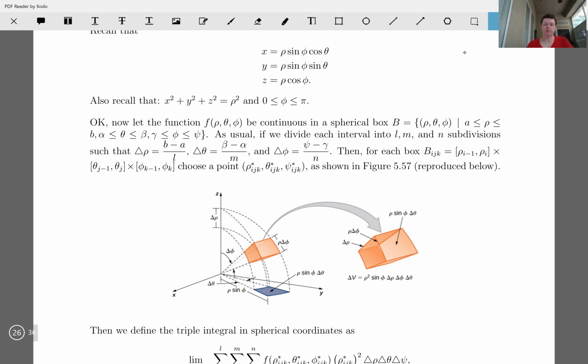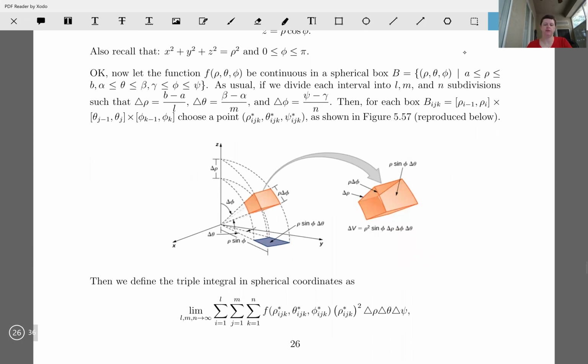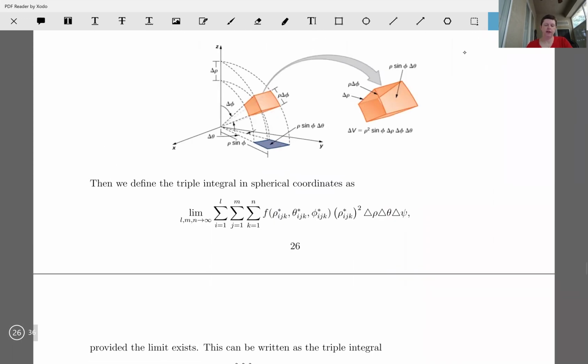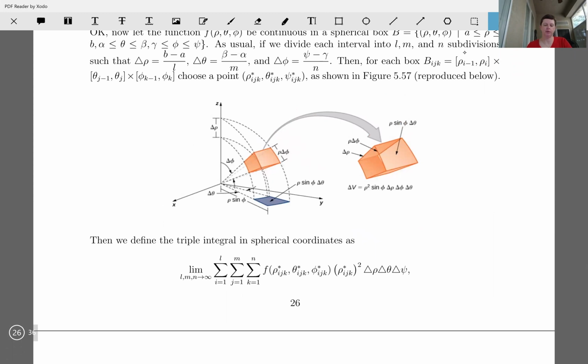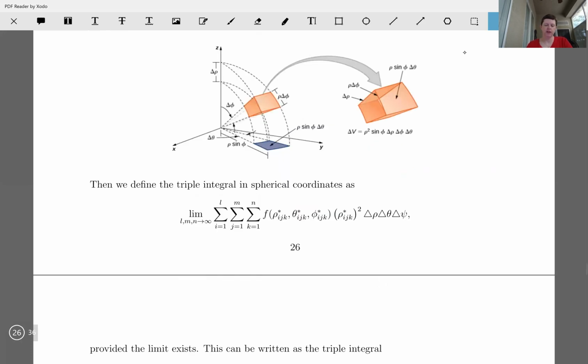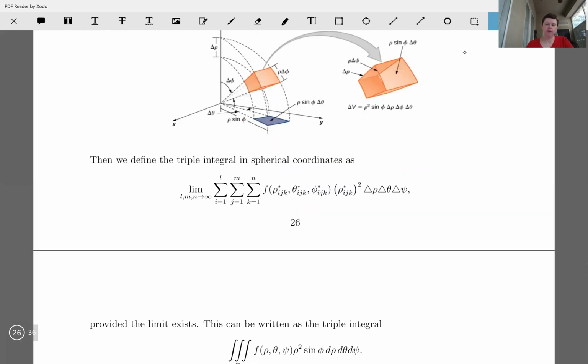Then for each box B sub i, j, k thus formed, we're going to choose a point, think Riemann sum, as shown in figure 5.57 of the textbook, reproduced below. Then we define the integral in spherical coordinates as the limit as the number of intervals l, m, and n goes to infinity. Recall that means our delta rho, delta theta, delta phi are getting infinitesimally small, of this quantity here.